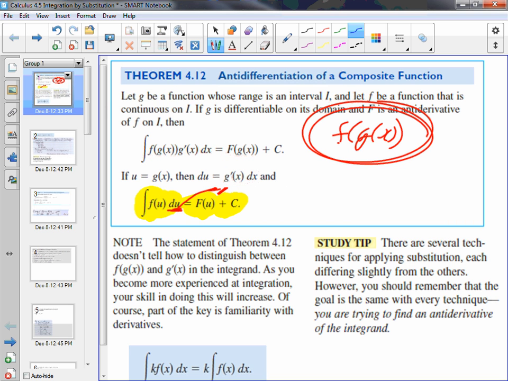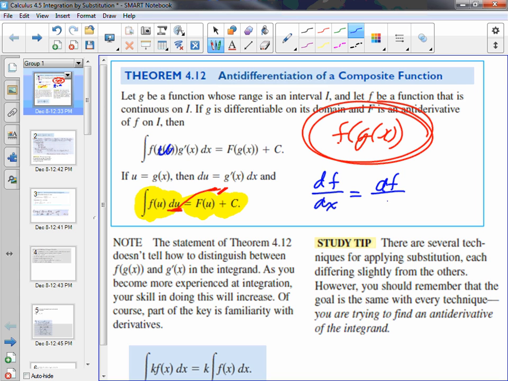Replace the g of x with u, and then since u is a function of x, let's see, how can I, if we have, I'm going to mess up the notation. Let me think for a minute. The derivative of f with respect to x is going to be, am I doing this right?